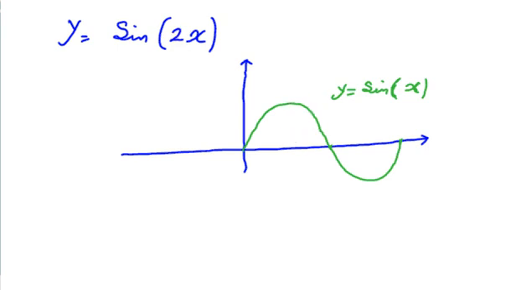On the original, when x was pi over 2, I was reaching my maximum of 1. What should x be so that 2x becomes pi over 2, so that the whole thing reaches its maximum?